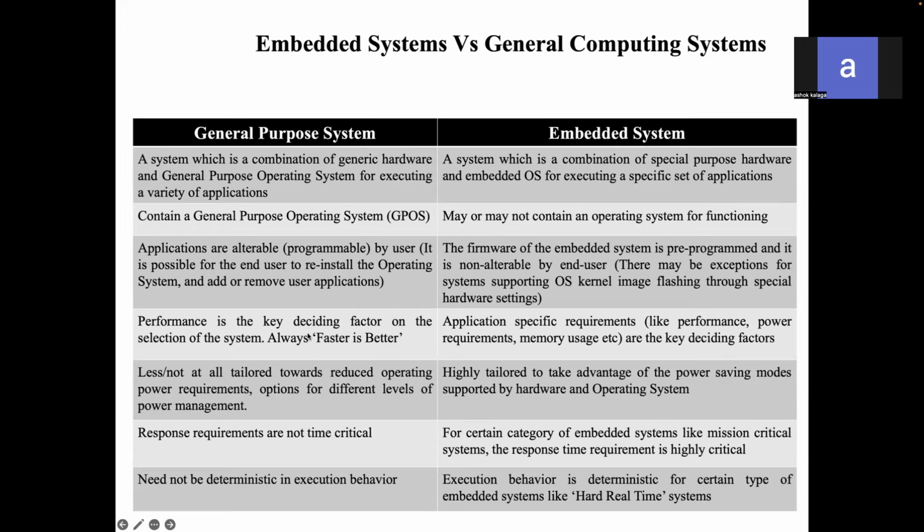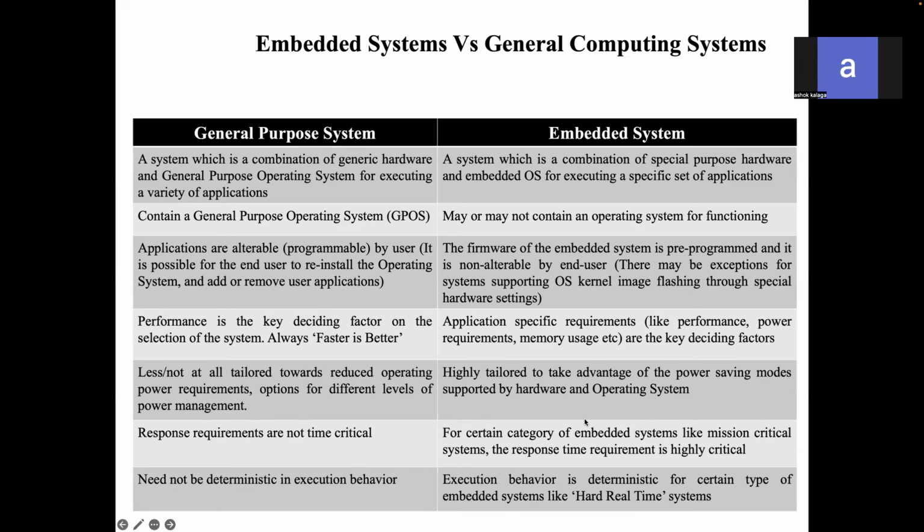In the case of a general purpose system, performance is the key deciding factor in the selection of the system. Application specific requirements like performance, power requirements, and memory usage are the key deciding factors. General purpose systems are not all tailored towards reducing power requirements, whereas an embedded system is highly tailored to take advantage of the power saving modes.